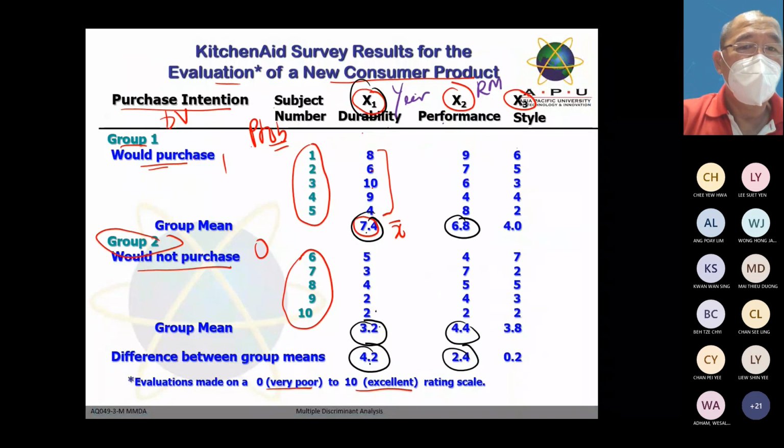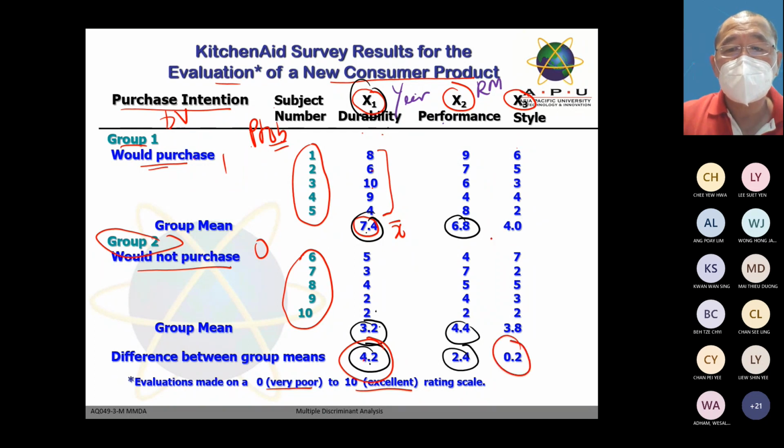For example, X1 is the highest because 4.2, so the difference between these two groups is quite high. The least is X3, only 0.2. Of course, it's a very simple example. You will see some output, a measure for us to see which one has the highest discriminatory power and which one is the least.